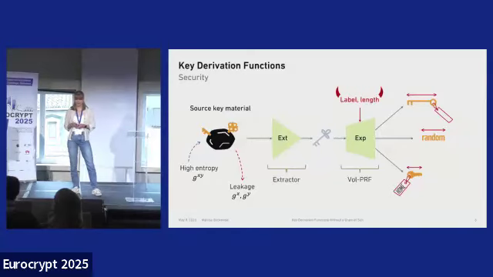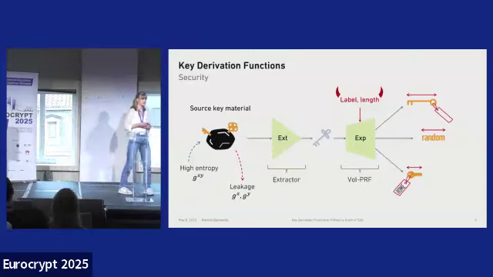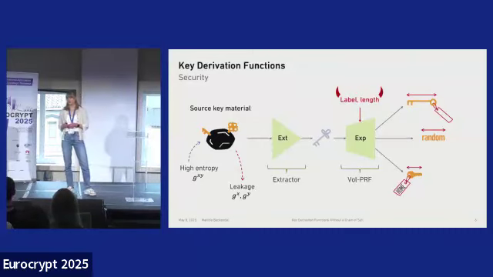Well, yes, we can. The expand part can be instantiated with any variable output length PRF. So for example, HKDF expand is just HMAC iterated until we get a key output of the desired length. And the extract step can be instantiated with any cryptographic extractor.